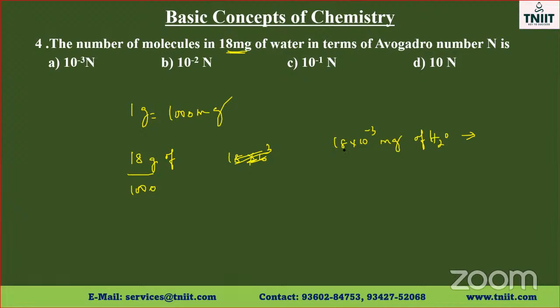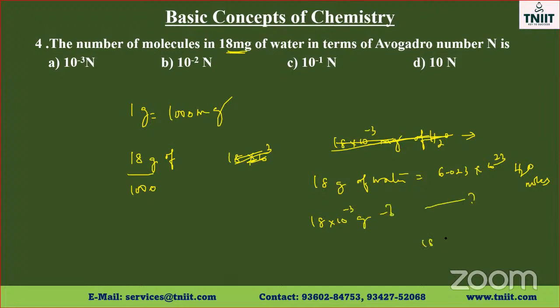Avogadro's number. Maybe we'll take the number of molecules in 18 milligrams. So we'll write it like this: 18 grams of water contain 6.023 into 10 power 23 water molecules. So 18 milligrams is 18 into 10 power minus 3 grams of water contains.